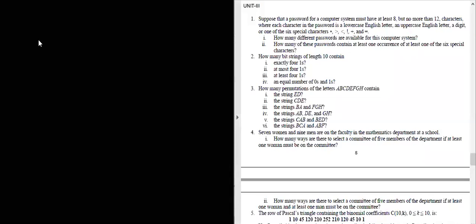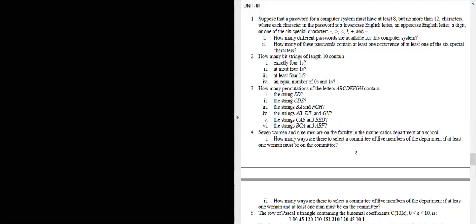So these are the LAQs. Suppose that a password for a computer system must have at least 8 but no more than 12 characters, where each character in the password is a lowercase English letter, an uppercase English letter, a digit, or one of the 6 special characters, which are given as follows. Now, how many different passwords are available for this computer system?